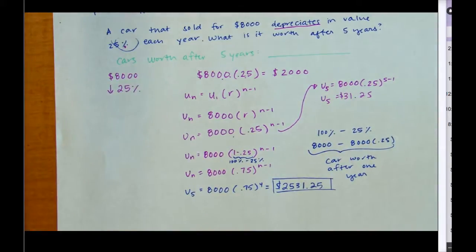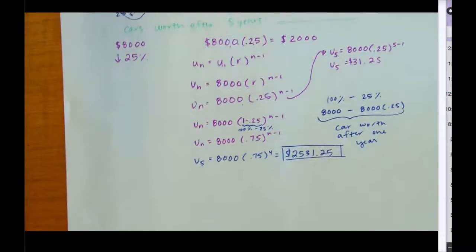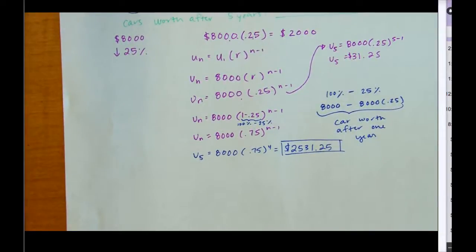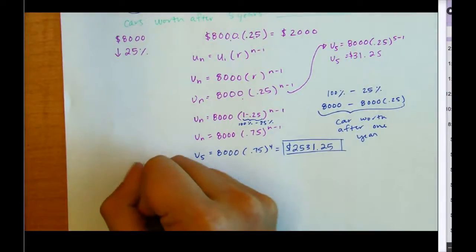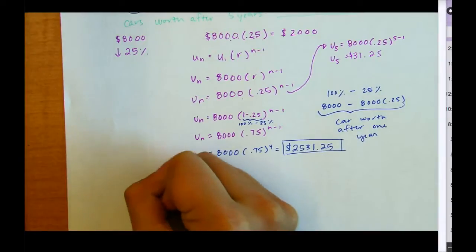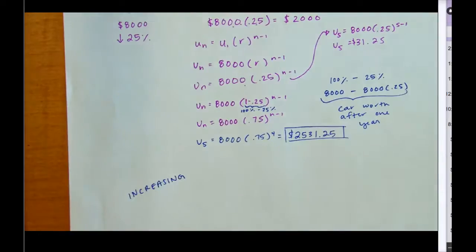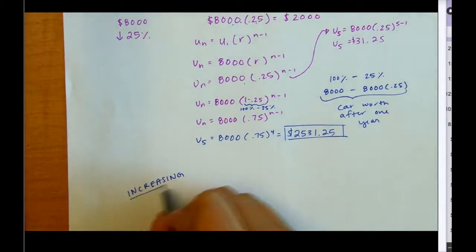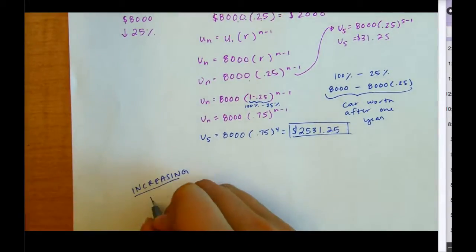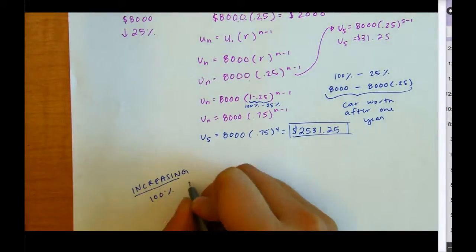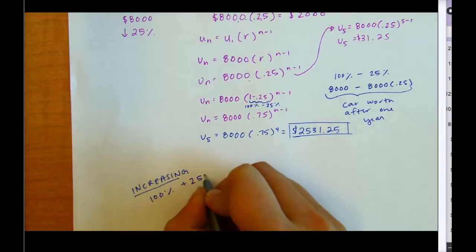There will be a problem like this on your quiz. Know that, let's say my car value was increasing by 25% each year. In that case, I'm taking 100% of my price and I'm adding 25% to it.